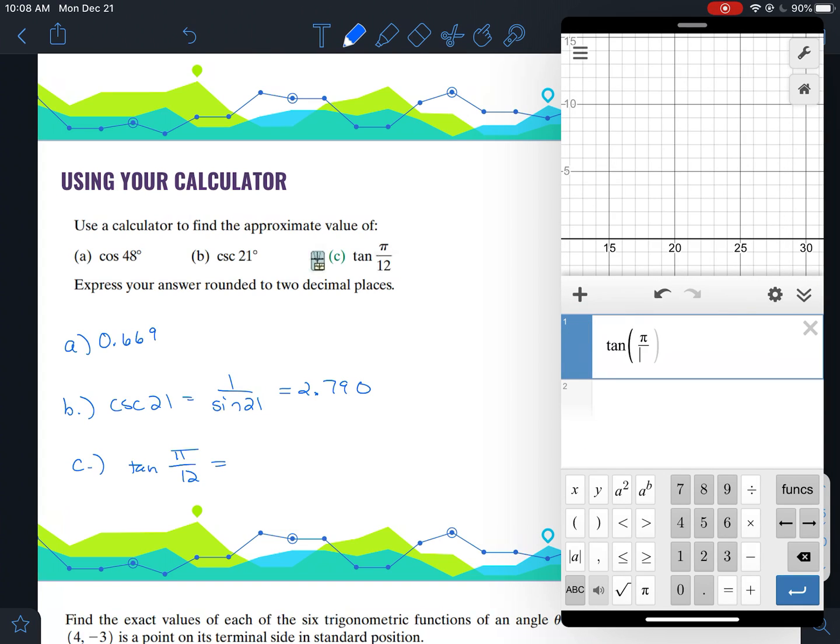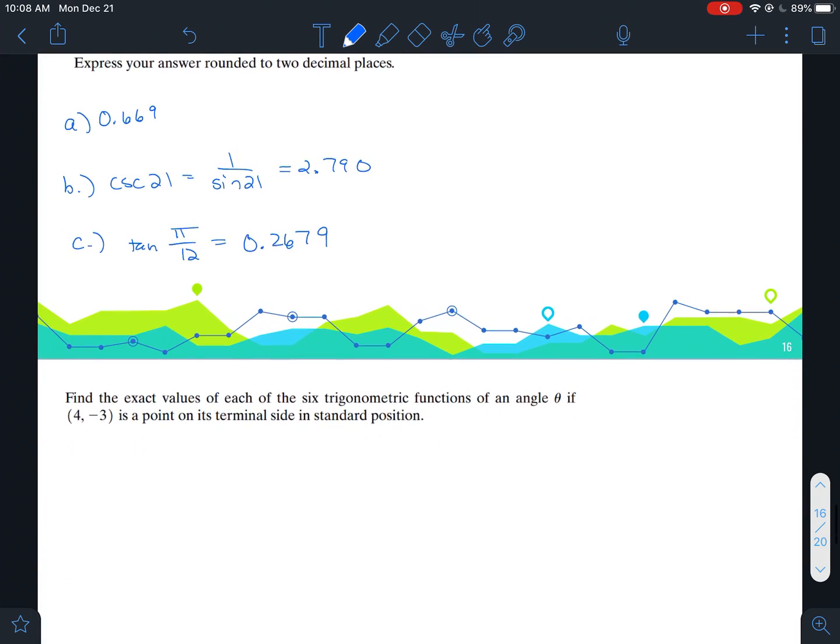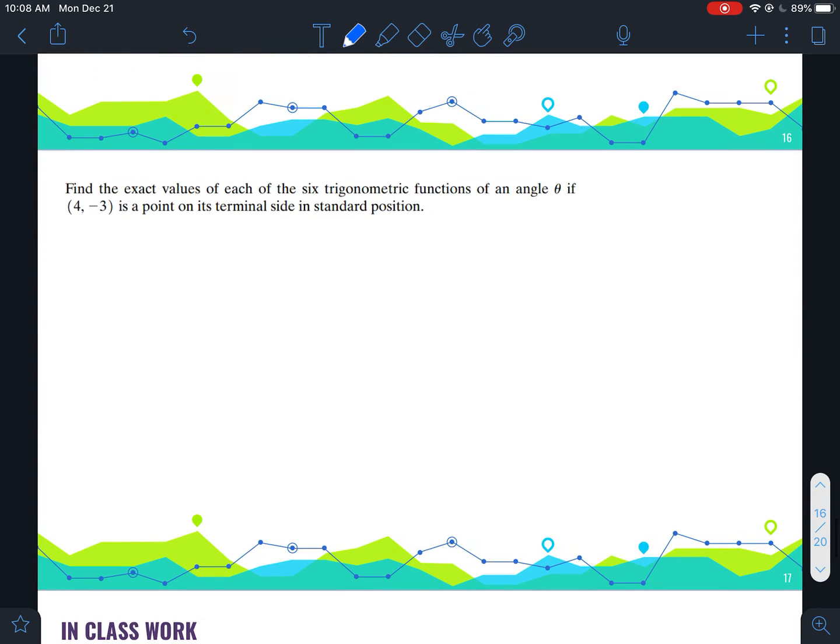So we're going to go tangent, and then we'll hit the little wrench, make sure we're back in radians, and then we're going to do pi divided by 12. And the tangent of pi divided by 12 is going to be 0.269. And there we go. So that's how you can use your calculator to evaluate trig ratios. Oh, it said 2 decimal places. We went out 3. That's okay.